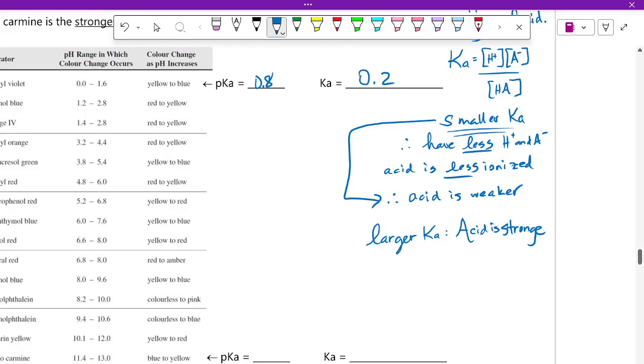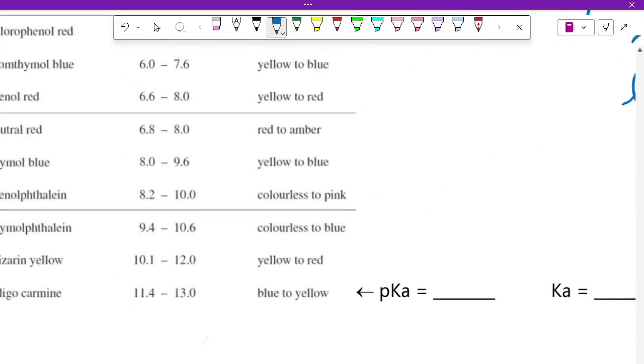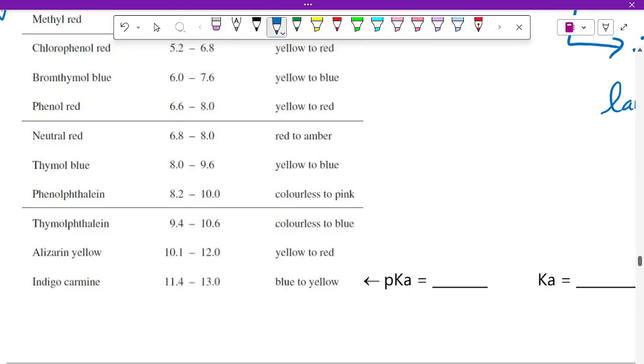So our pKa is 0.8 and our Ka is 0.2. Now down at the bottom, what is our pKa of indigo carmine? It is not 13.2. It is 12.2. There we go.